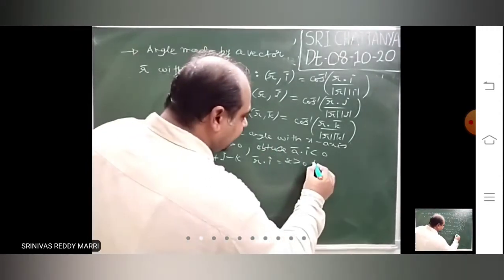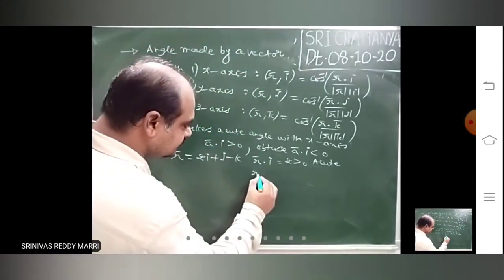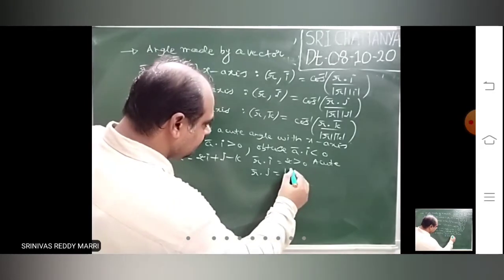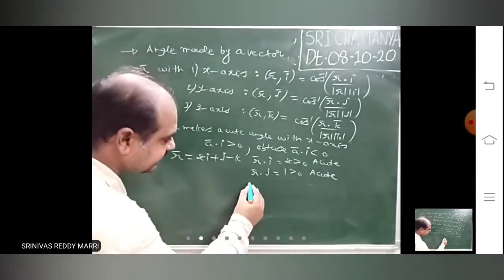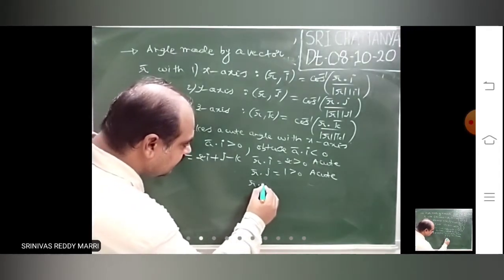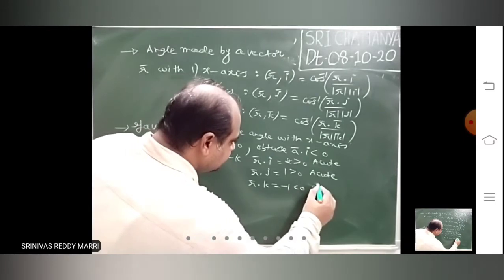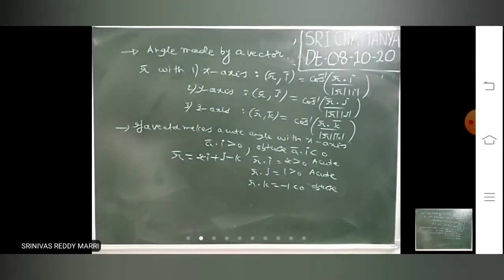That means acute angle with x-axis. r bar dot j is 1, acute angle with y-axis. r bar dot k is minus 1, obtuse angle. Acute means dot product greater than 0 you write. Obtuse means dot product less than 0 you write.